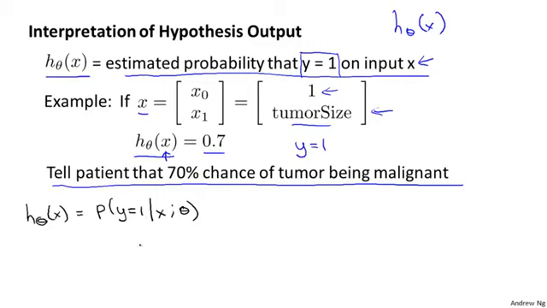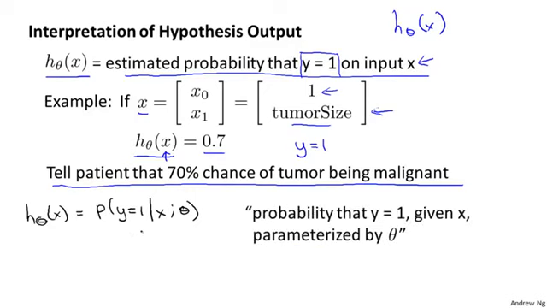So for those of you that are familiar with probability, this equation may make sense. If you're a little less familiar with probability, here's how I read this expression. This is the probability that y is equal to 1 given x, given that my patient has features x, or given my patient has a particular tumor size represented by my features x, and this probability is parameterized by theta.